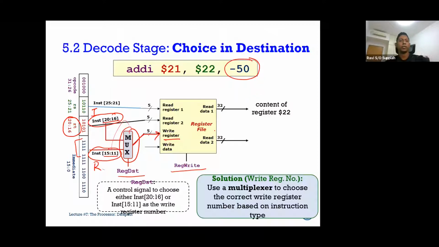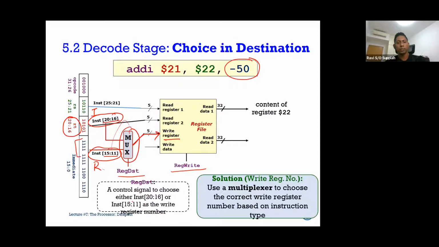So for the I-type instruction, the destination register, or the register that is supposed to store the result, is specified by bits 20 to 16. When I say instruction 25 to 21, that means it is telling us the bits.